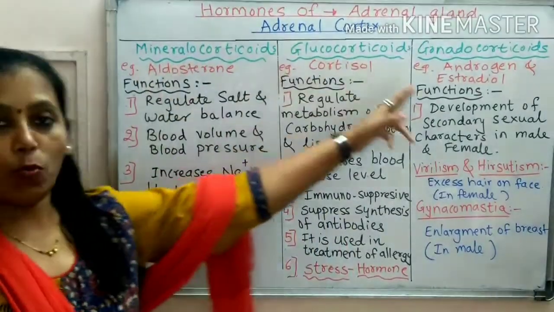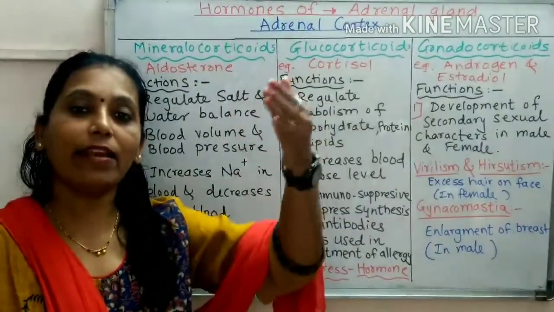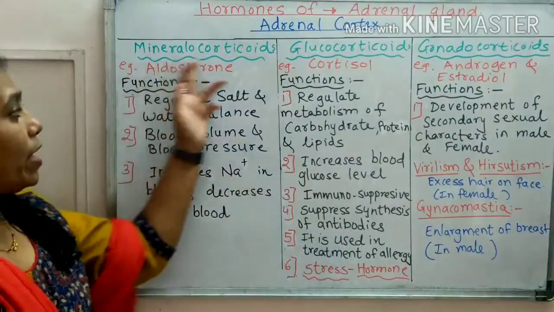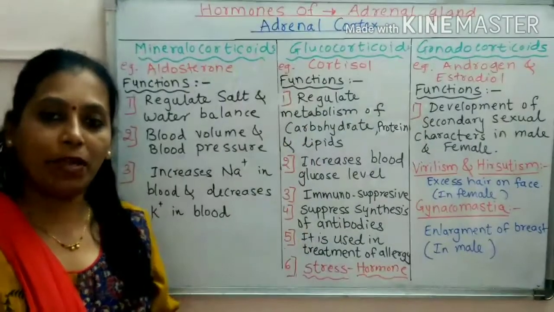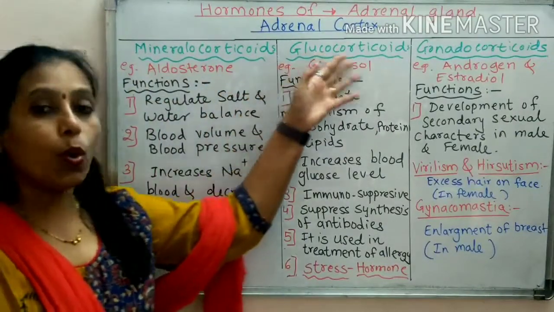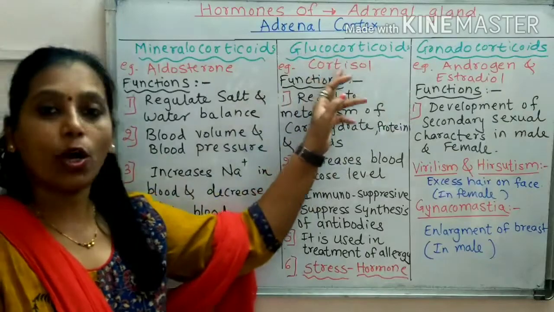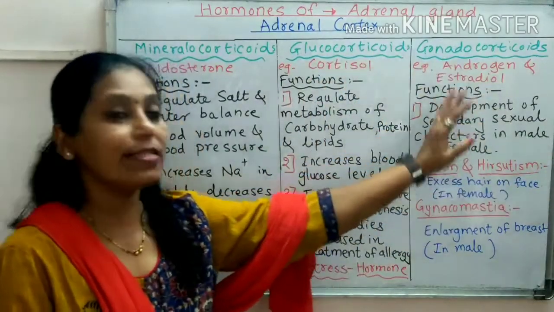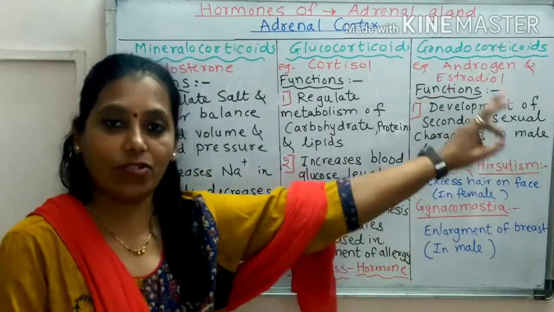These three hormones are secreted by three different layers present in the cortex region. For mineralocorticoids, one example I have taken is aldosterone. The glucocorticoid example is cortisol, and the gonadocorticoid examples are androgen and estradiol.